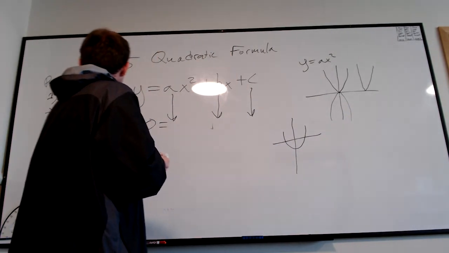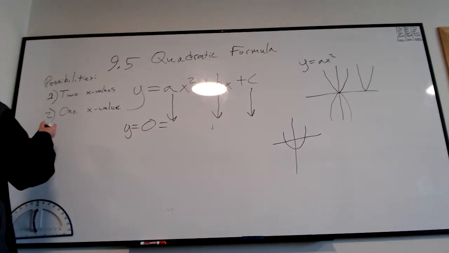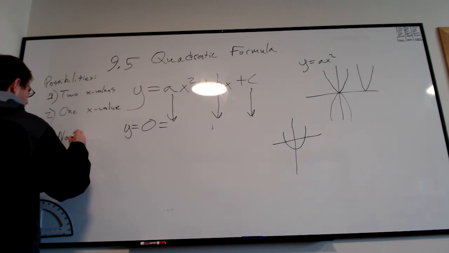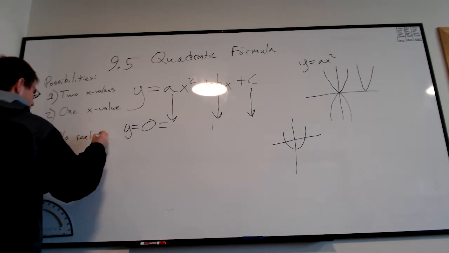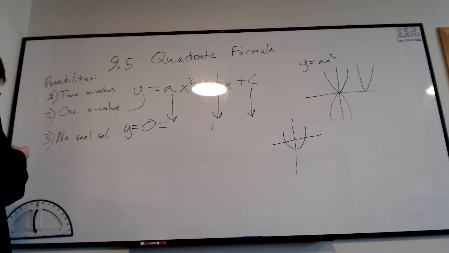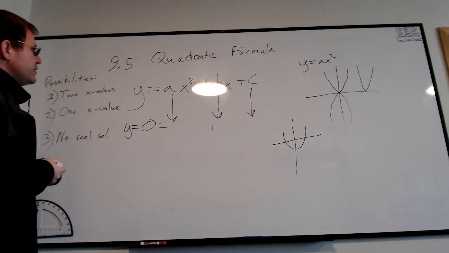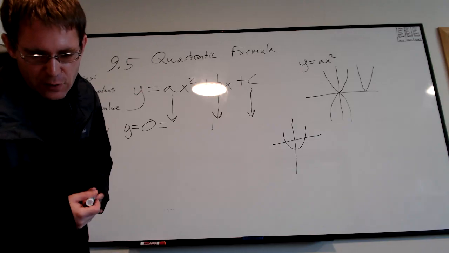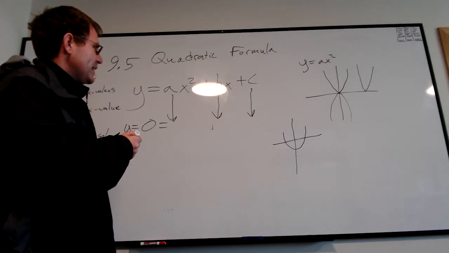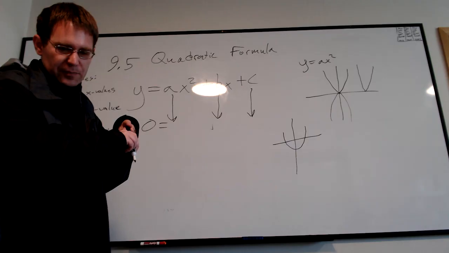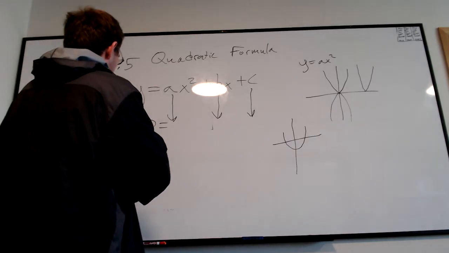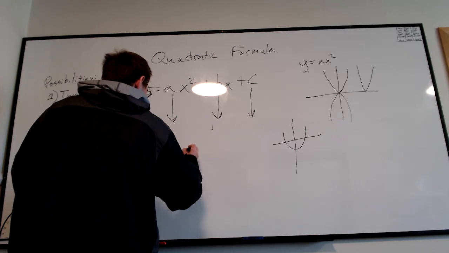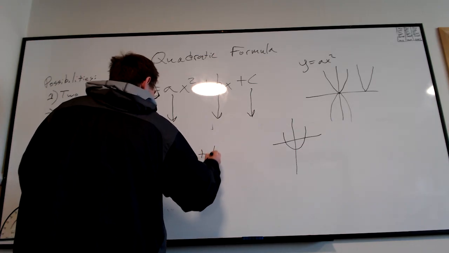Okay, what else can we have? The other possibility is no real solution. Yesterday, I believe we had an equation in 9.3 that we did as an example, where we had y equals 3x squared plus 4.